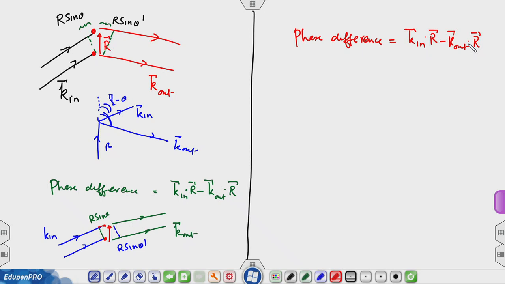The other question was when I looked at scattering from an atom.